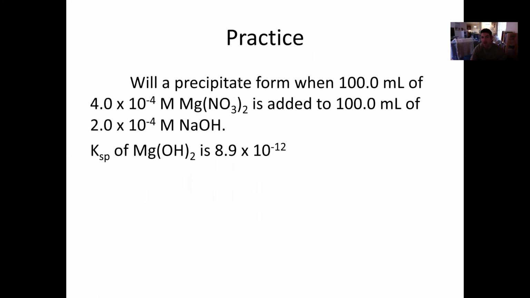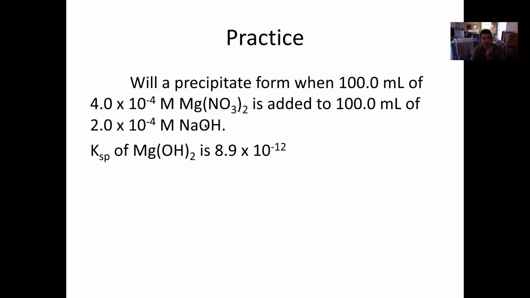All right, we have this practice question. I didn't work it through, but something to be aware of. We do get the nice numbers, 100 mLs of the magnesium nitrate, 100 mLs of the sodium hydroxide. So when we go to do the magnesium hydroxide, since we add up to the 200 mLs as the new volume, this means we're gonna have a 2.0 times 10 to the negative 4th molar magnesium 2+ solution.